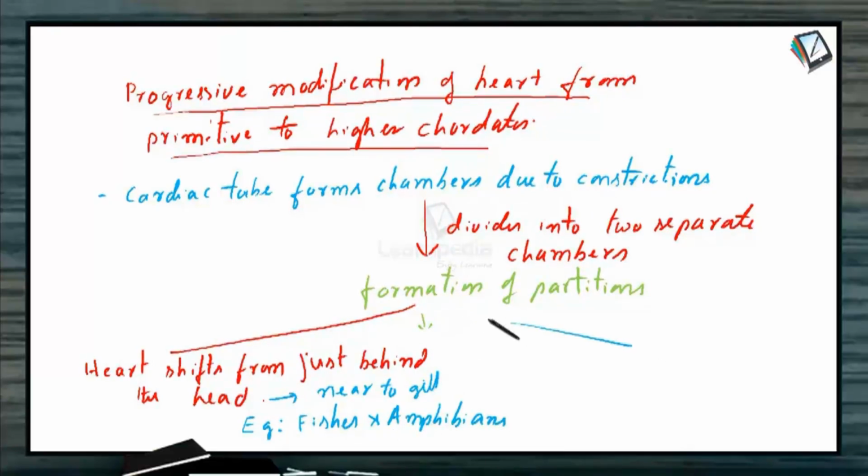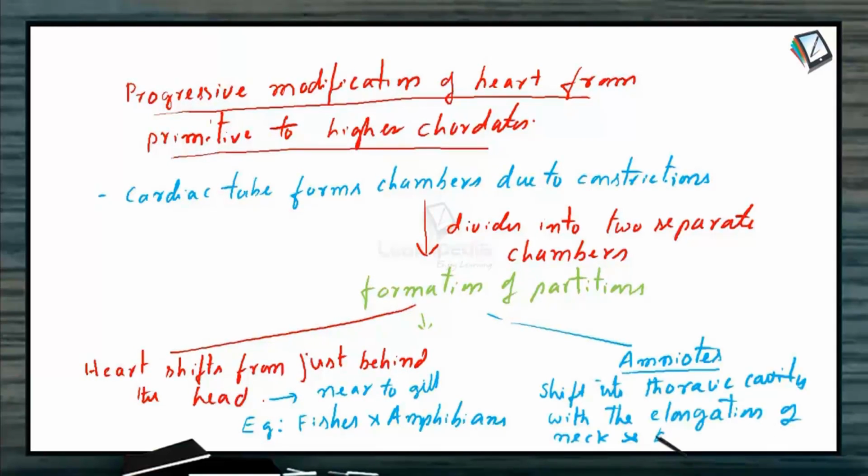Whereas in the case of amniotes, that is reptiles, birds and mammals, it is pushed into the thoracic cavity with the elongation of neck and development of lungs. This is how a simple single-chambered heart ultimately evolved into a four-chambered heart.